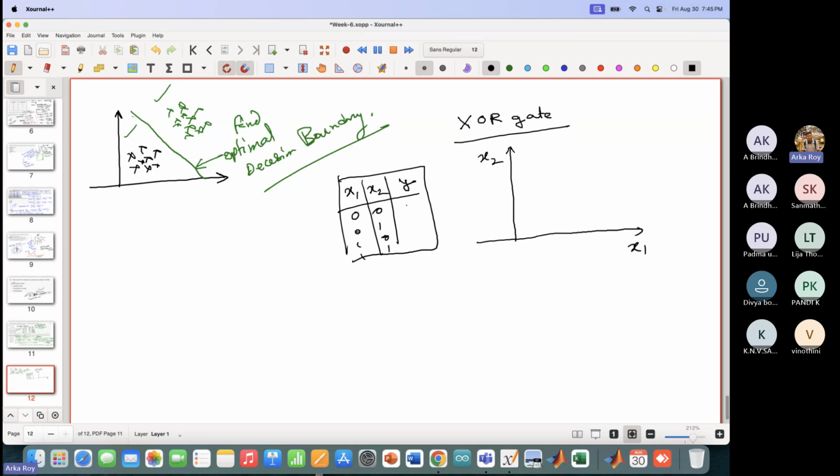If I plot them, 0,0 is over here, and 1,1 is over here; these are the class 0. Then 0,1 is class 1, and 1,0 is class 1. Now tell me, is this problem linearly separable or non-linearly separable?